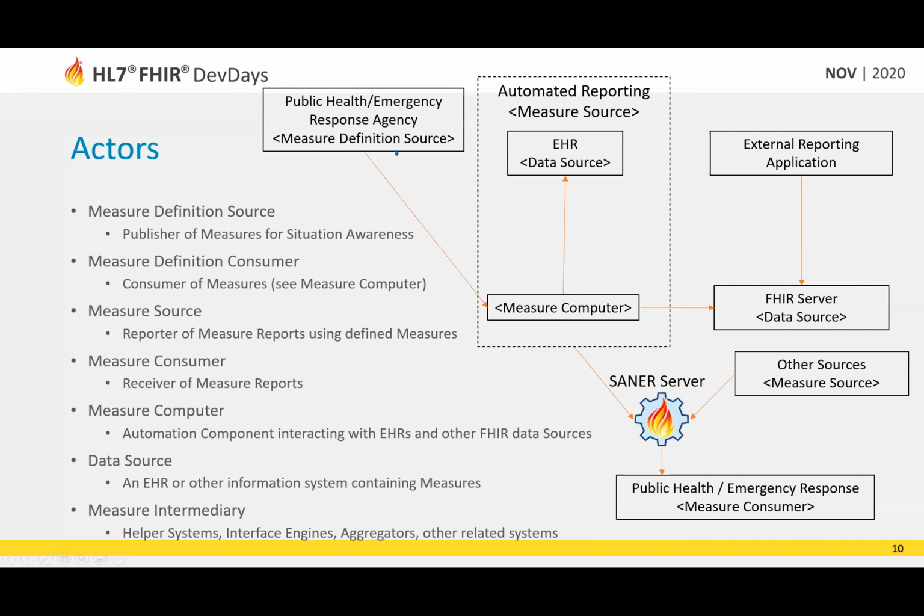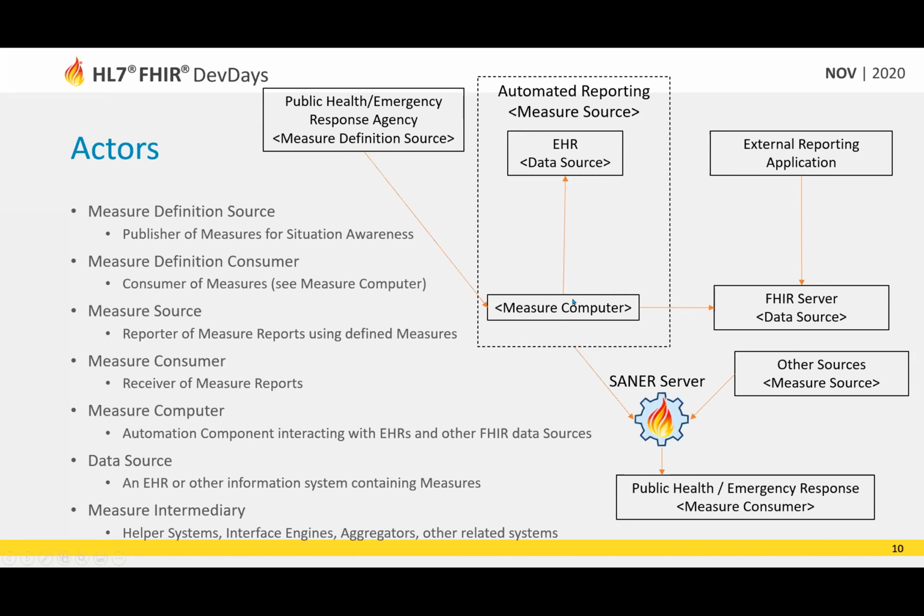Somebody would actually have to look at the measure definition and write some code, build a query to actually report out the data, but something that could be relatively simply done. You have potentially some infrastructure and intermediary that's able to collect data from multiple sources and aggregate it together. It might be the SANER server inside the hospital, or at the local or regional level that's aggregating data and reporting it up to the next level measure consumer.